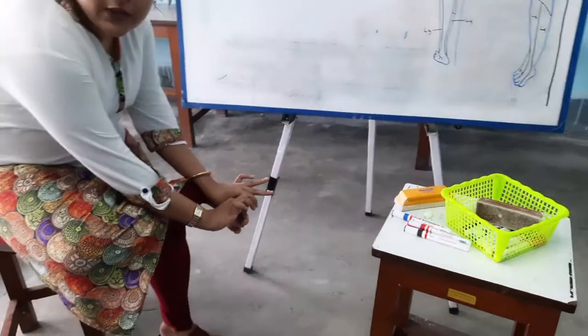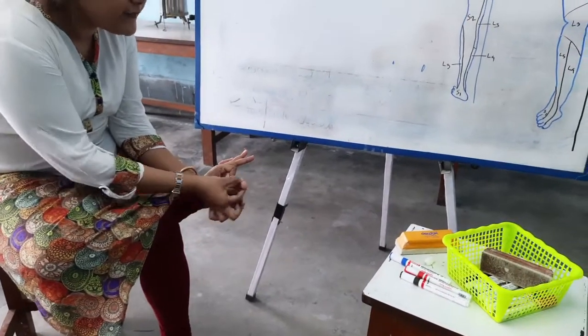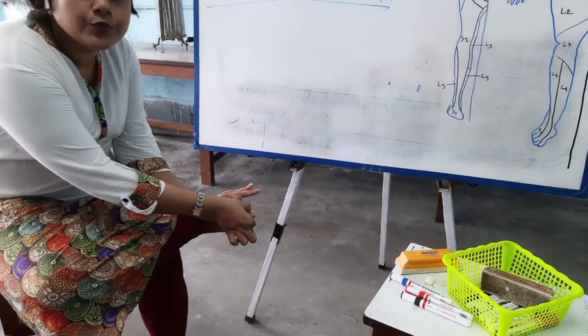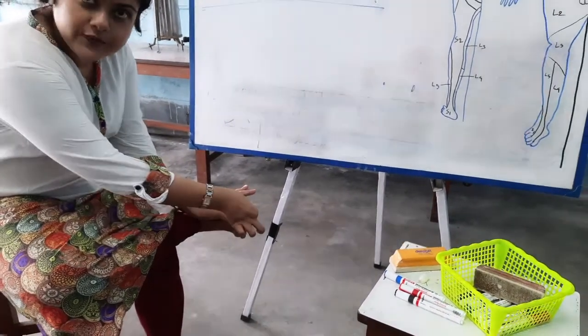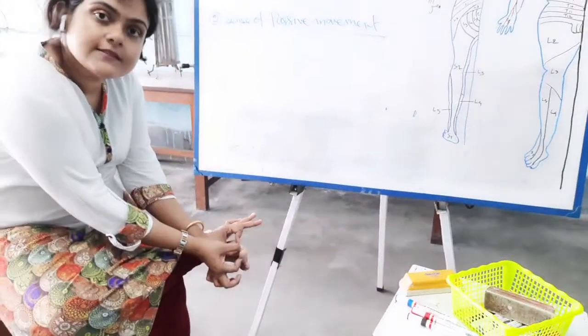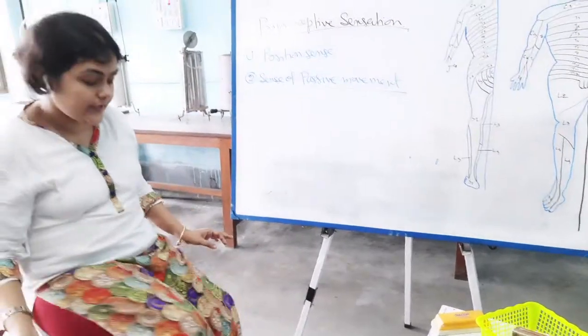Ask the patient, can you feel any movement? If yes, just move it upward or downward and fix it in the down or up position. And ask the patient what's the position of your great toe. He will say up.